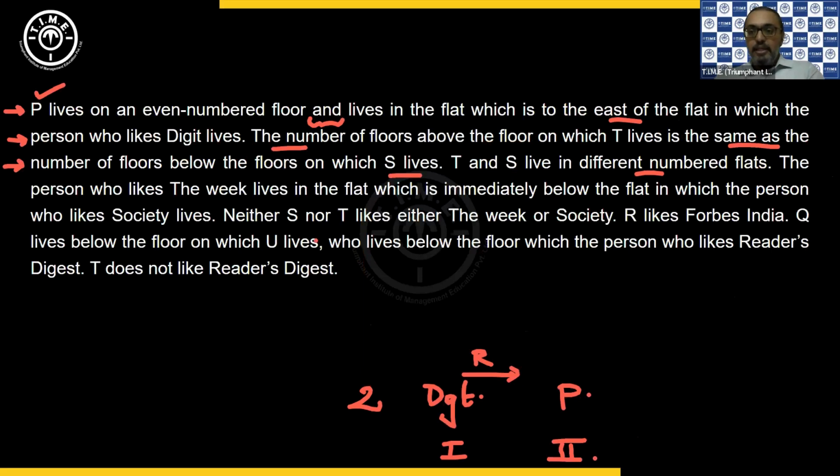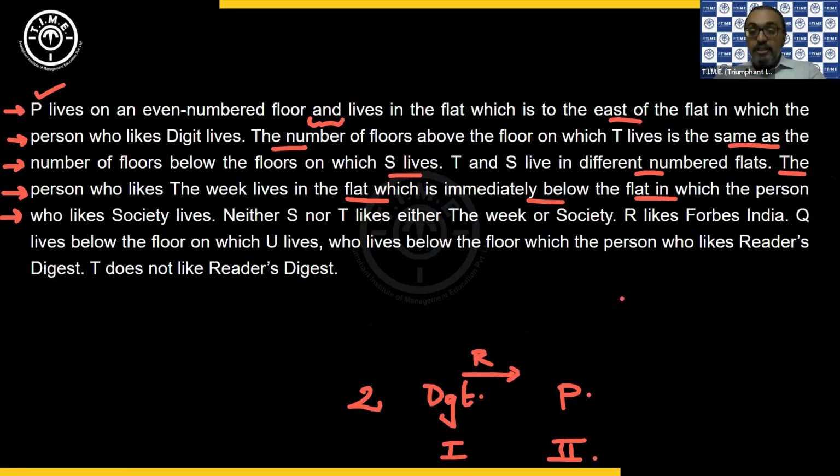Okay, then the person who likes the week lives in a flat which is immediately below the flat in which the person who likes the society lives. So see what he is saying? When he says a flat, whenever you have multiple flats, please always understand that when he says immediately below the flat, suppose I say I live immediately below the flat in which you live, it has to be the same flat number and immediate floors, obviously.